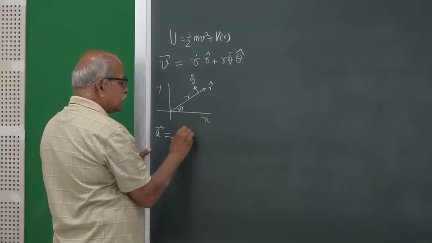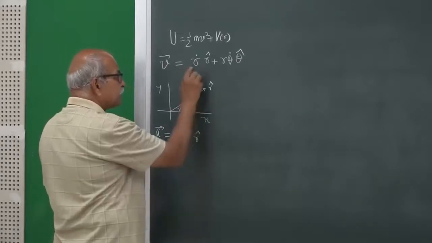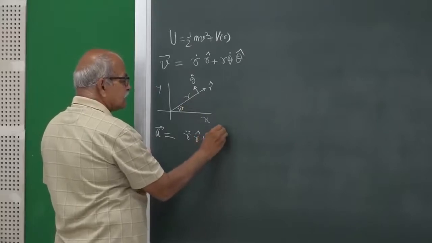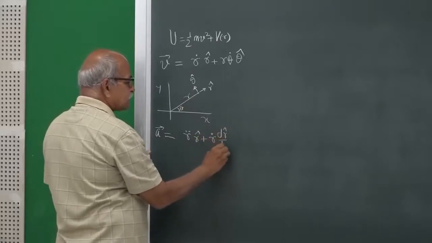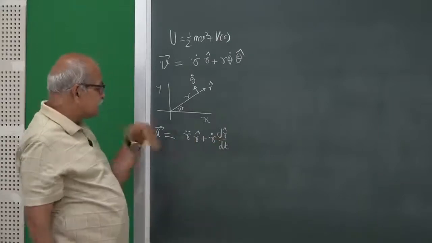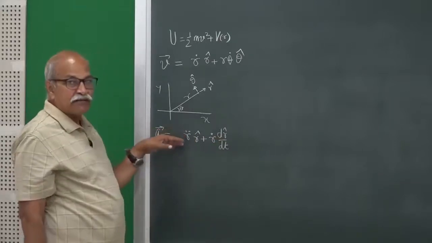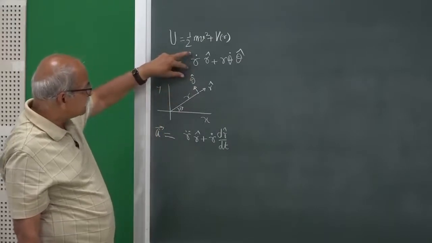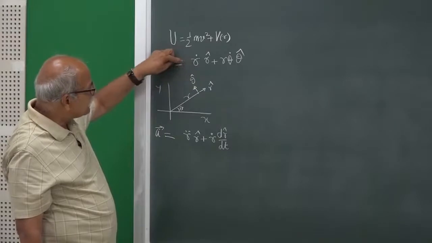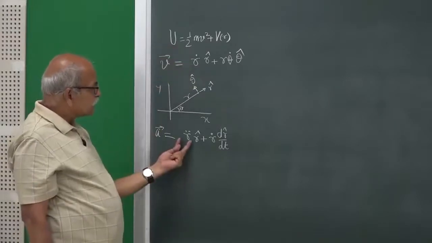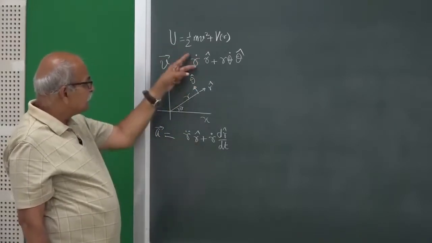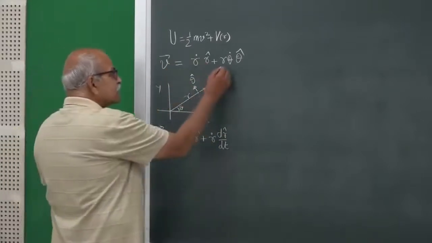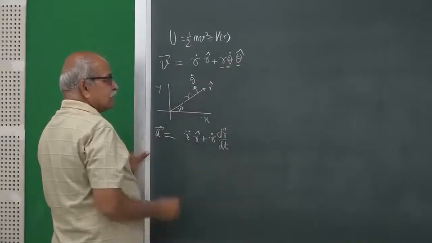If you use this, the acceleration will be r double dot r cap and then plus r dot d r cap dt. Double dot means the second differentiation with respect to time. So, when you differentiate r dot with respect to time, d2 r by dt squared is written as r double dot r cap, then keep this r dot here and differentiate this. Here you have three quantities r, theta cap and theta dot.